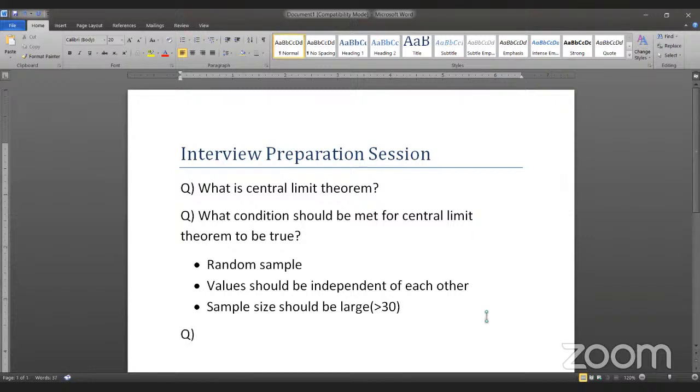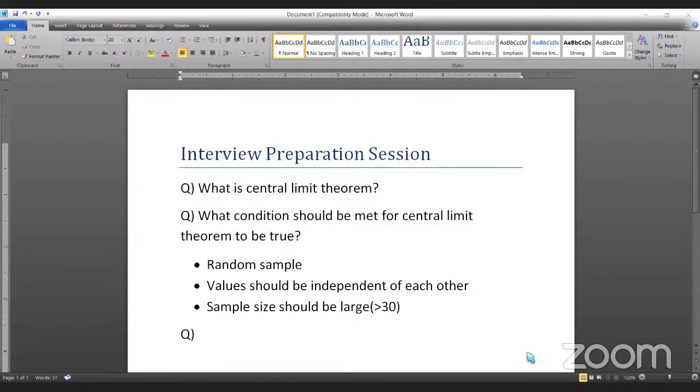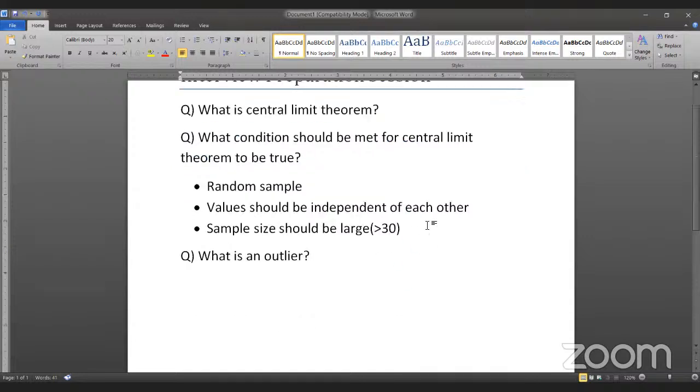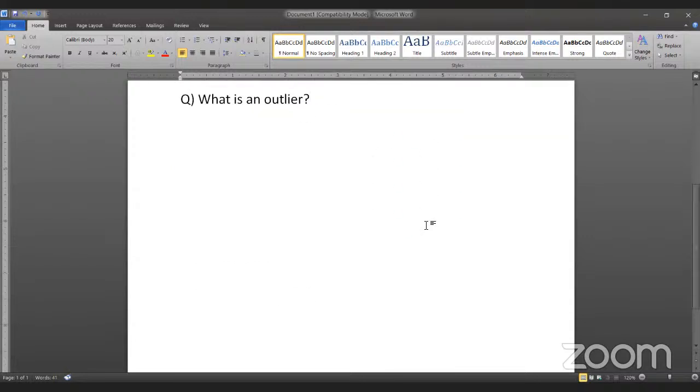Now coming to the next one. What is an outlier?